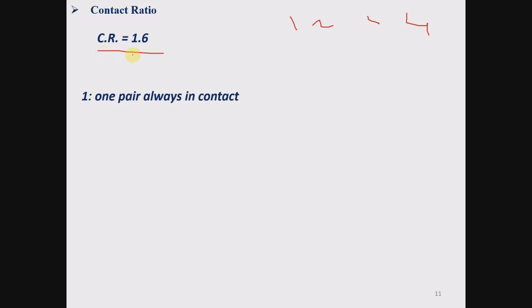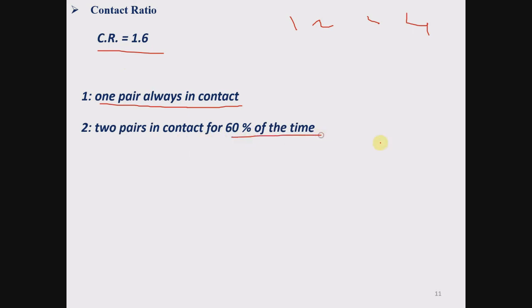If I say that contact ratio is 1.6, this means that one pair is always in contact during the gear tooth action, and two pairs are in contact for 60% of the time. म्हणजे time required to cover the distance from C to D, or time of path of contact.